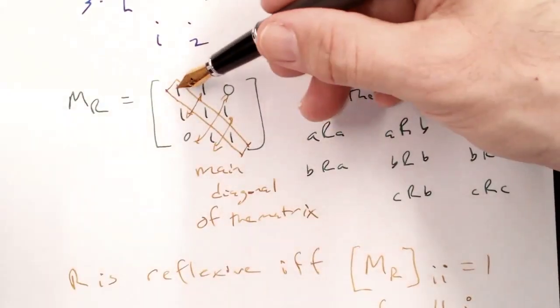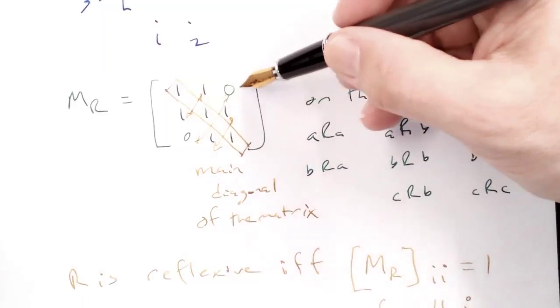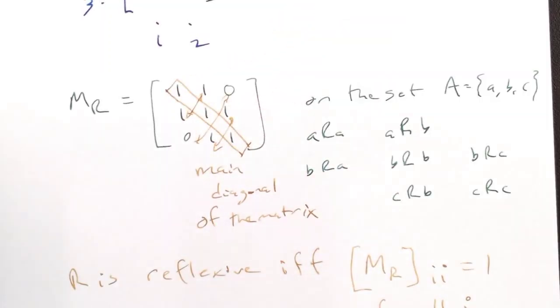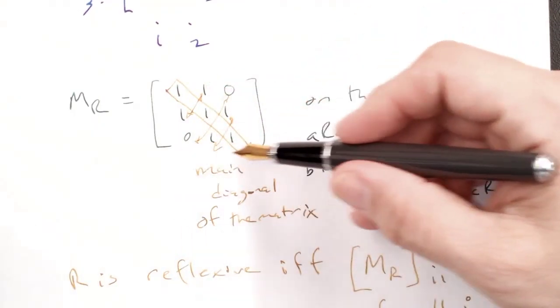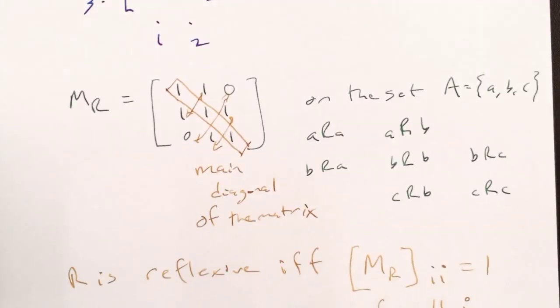So if I take this row and compare it to that first column, those are exactly the same. If I take the second row and compare it to the second column, the third row and compare it to the third column. This idea of switching rows and columns is usually called the transpose of a matrix.